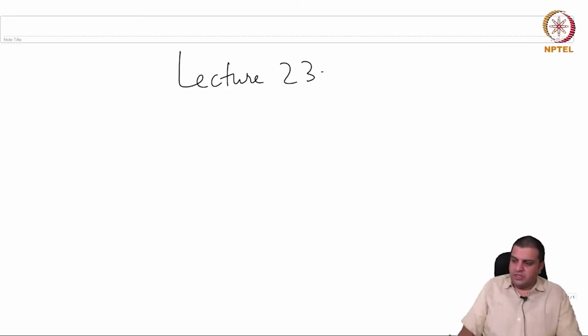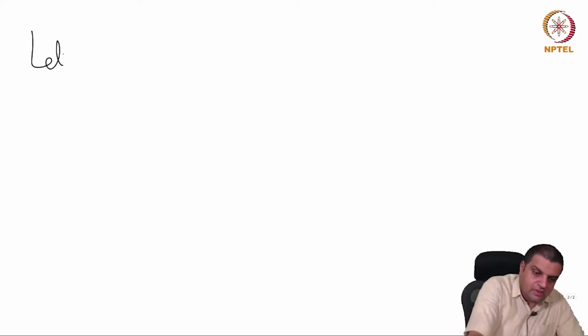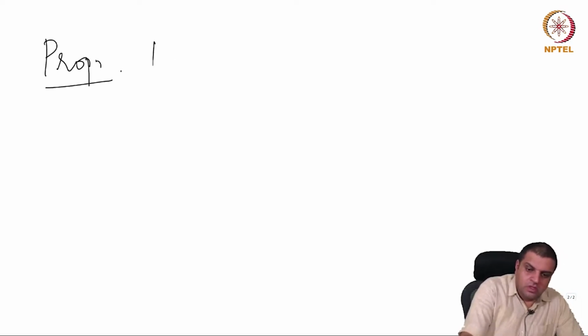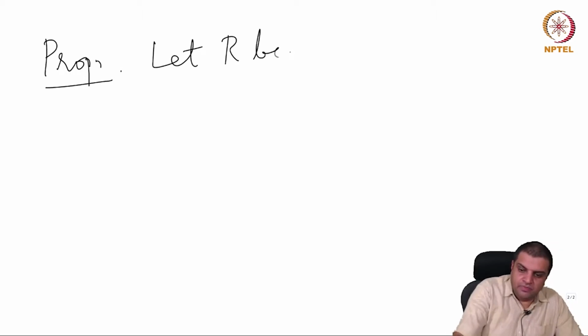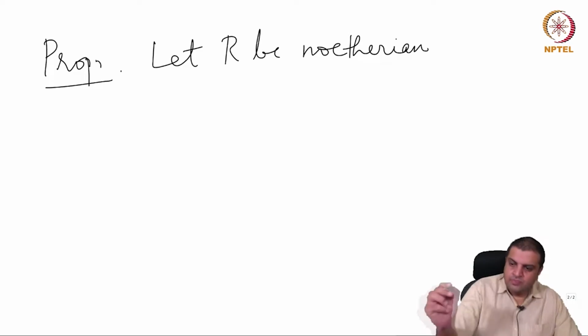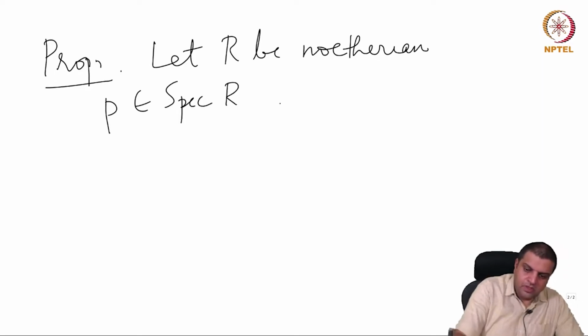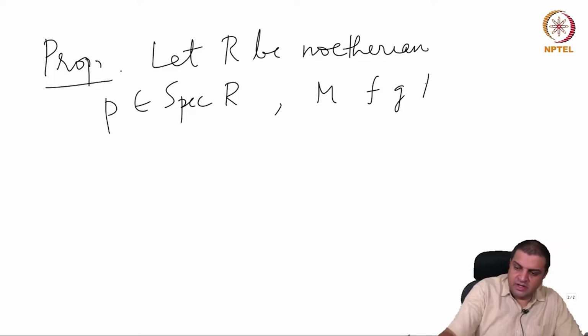So now we continue our discussion about primary decomposition. First, a proposition which gives some light on primary ideals. So let R be Euclidean, P a prime ideal, and M a finitely generated R module.